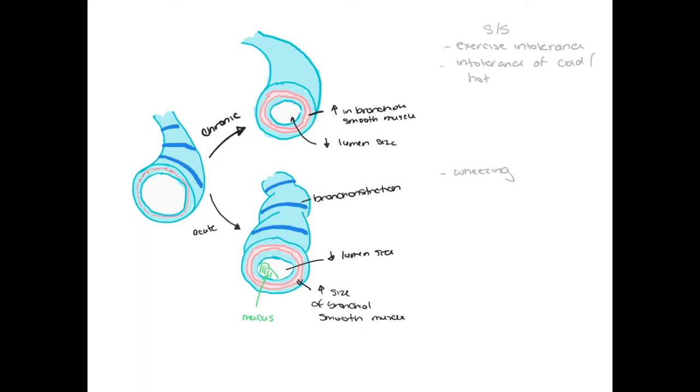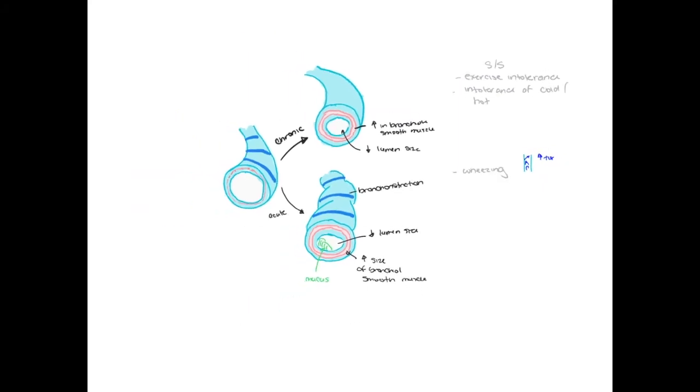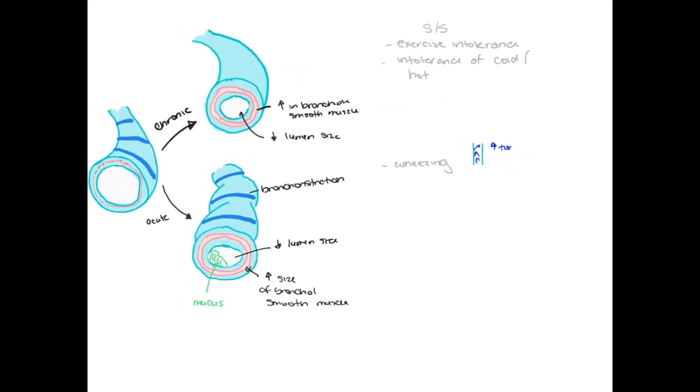So as air is trying to move out of our bronchial tissue, it becomes much more turbulent and starts creating that characteristic wheeze that we see. So we see an increase in turbulence of airflow, which is going to cause the wheezing that we see.